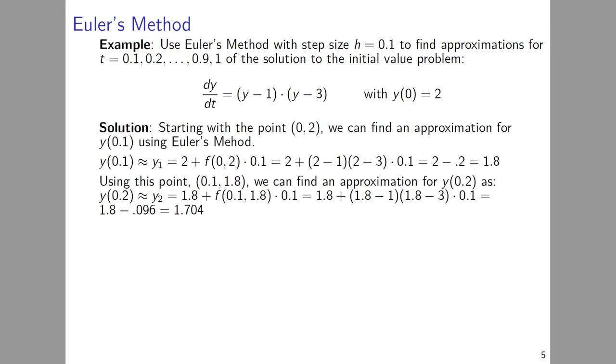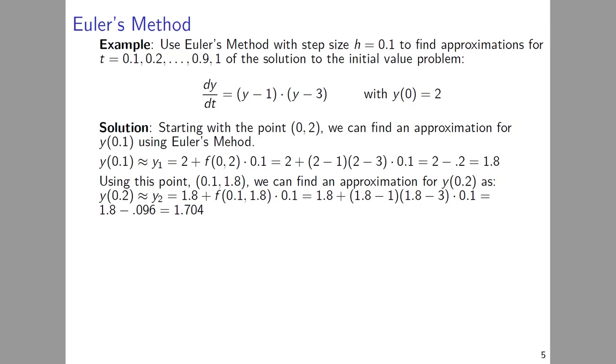Here, y of 0.2 we'll find the same way, just with a different starting point. y of 0.2 will be 1.8, our y value, plus f at (0.1, 1.8) times the step size 0.1. f of (0.1, 1.8) is our derivative function evaluated at t equals 0.1 and y equals 1.8, which is (1.8 minus 1) times (1.8 minus 3). So we get our approximation, y sub 2, to be 1.8 plus (1.8 minus 1)(1.8 minus 3) times 0.1, which comes to roughly 1.704.